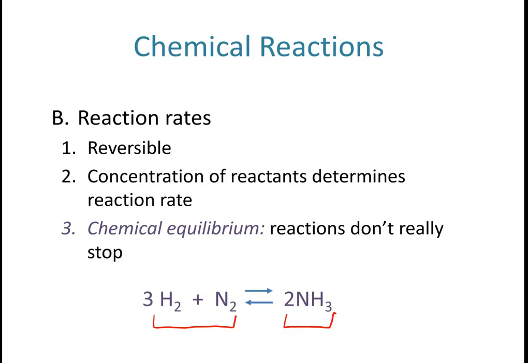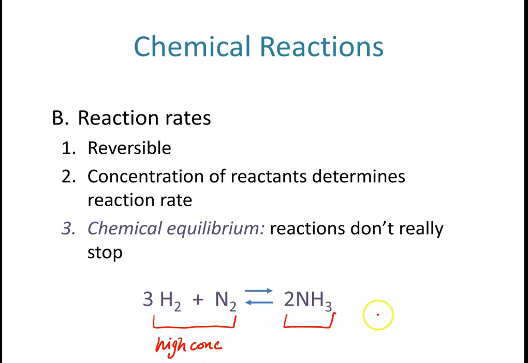So if you have a really high concentration of reactants, that's going to mean that hydrogen is going to encounter nitrogen much more frequently. And when they encounter each other and there's enough energy present, they're going to form NH3.